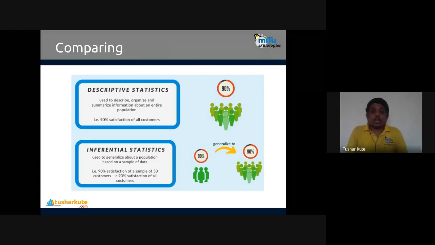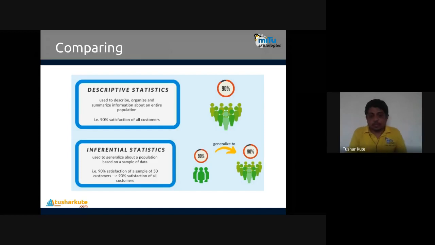Inferential statistics is used to generalize about a population based on a sample of data. That's what I told you: inferential statistics is concerned with generalizing. I said that 90% satisfaction of a sample of 50 customers is taken as 90% satisfaction of all the customers, which is the exit poll example I told.